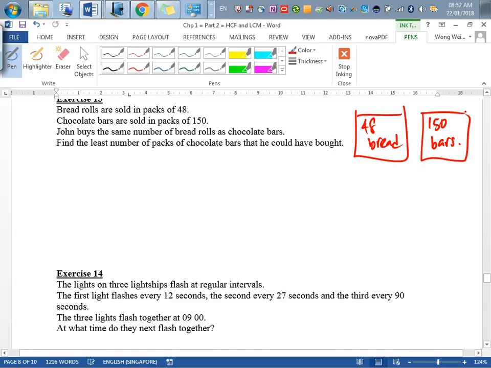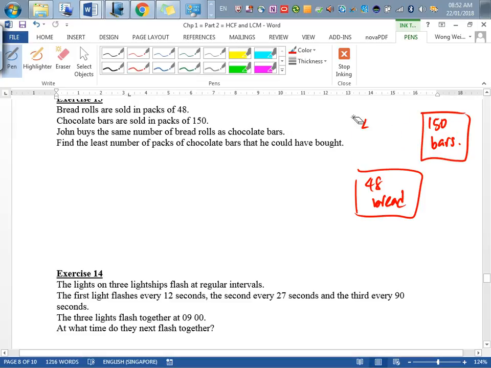You either buy 48 pieces of bread at one time, or you buy 48 times 2, which is 96 pieces of bread, so on and so forth. You either buy 150 bars of chocolate, or 300, or 450 bars of chocolate, so on and so forth. You cannot break it up.